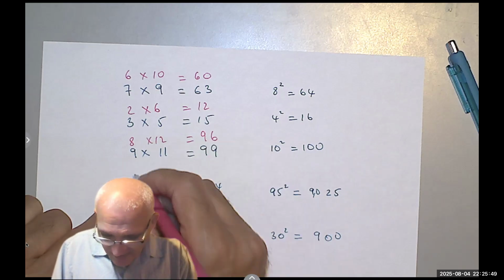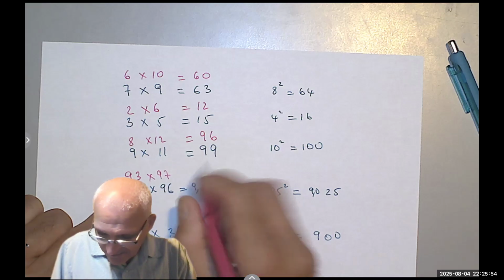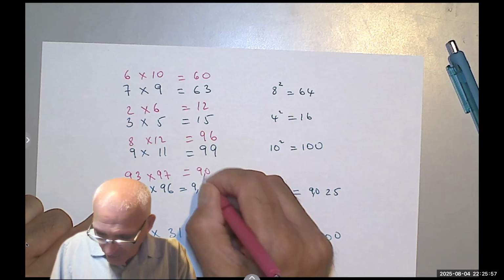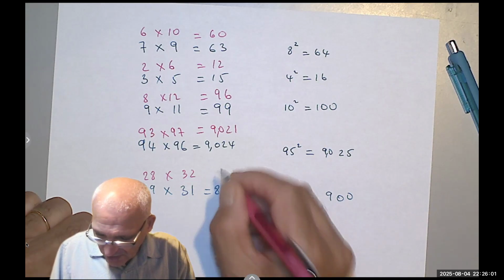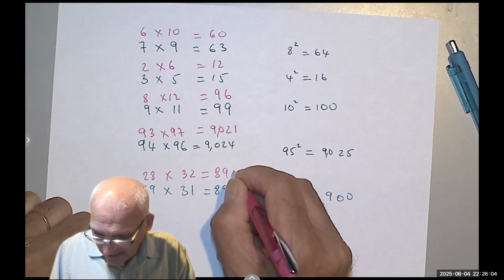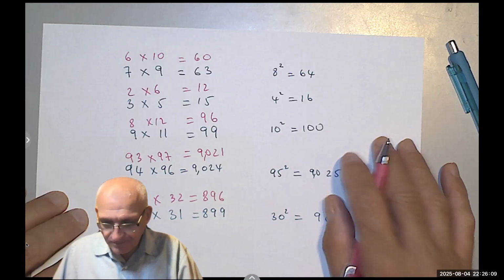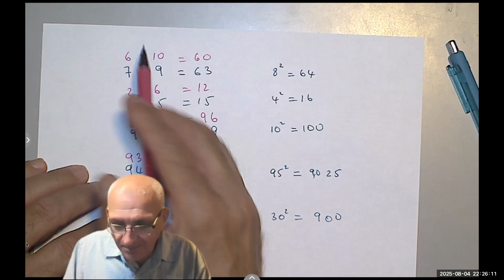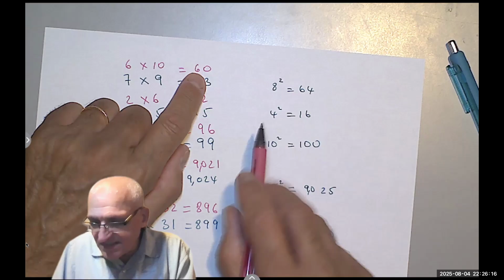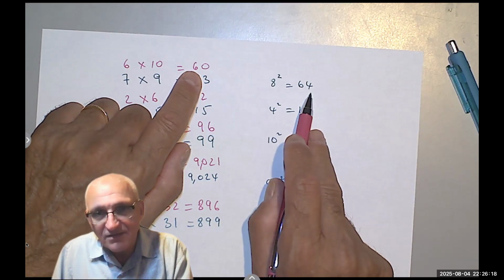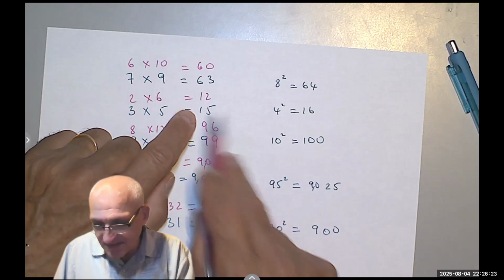Or let's complete 93 and 97, I get 9,021. And if it's 28 times 32, I get 896. What do you see here? You see that the middle number is still 8, right? 2 below, 2 above. But now it's 4 less than 64 instead of 1 less than 64. 4 less instead of 1 less.